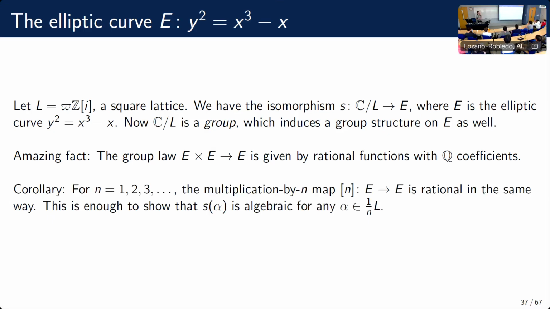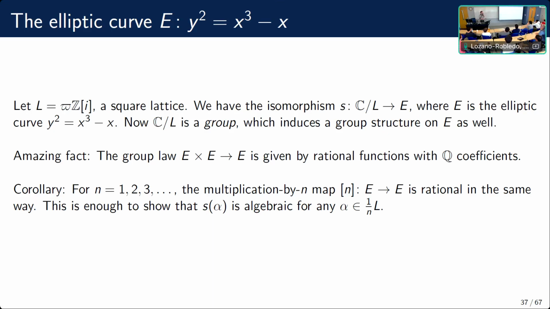So here's a corollary to this. If I pick an integer n, and I consider what happens when I take a point of E and multiply it by n, the result is going to be a rational function in the same way. Like if the inputs are x and y, the outputs are going to be rational functions in x and y with integer coefficients. And that implies this kind of fact from before about being algebraic.